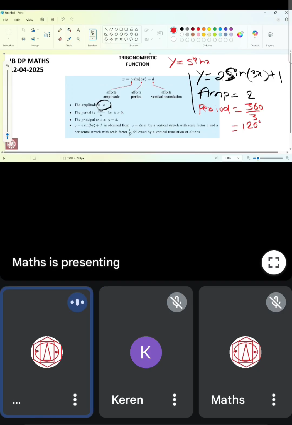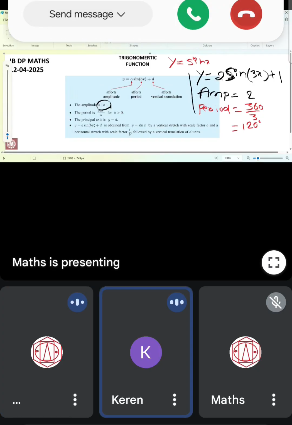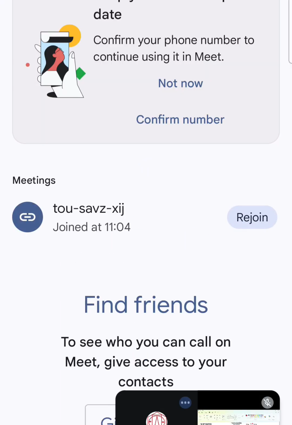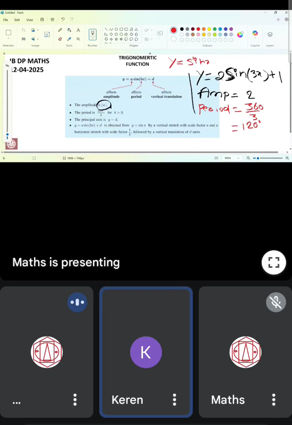It means this given graph repeats itself at every 120-degree. The period of the function is 120-degree, and we can calculate it by dividing 360 by the given value of b, which is 3 in this case, right?